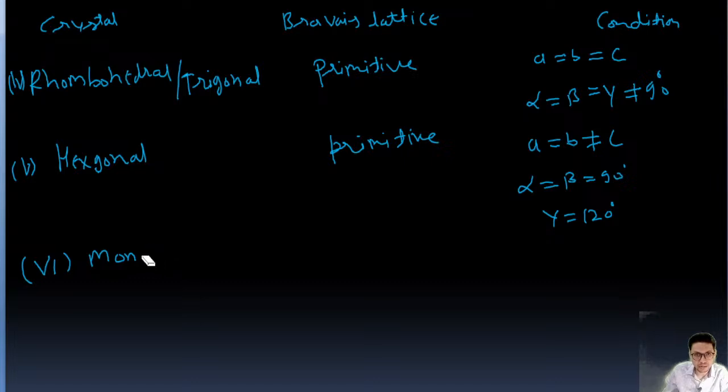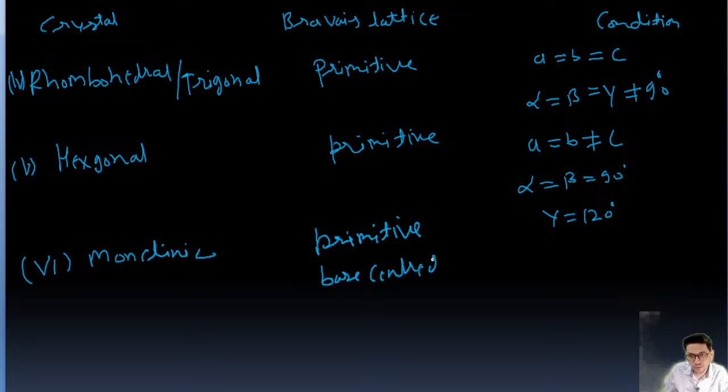You should know these conditions, guys, because you will get questions where this condition is required to solve the question. So monoclinic, and what are the Bravais lattices for monoclinic? That is primitive and base centered.